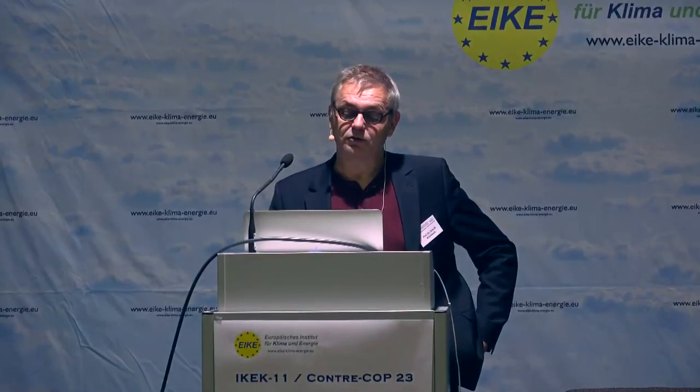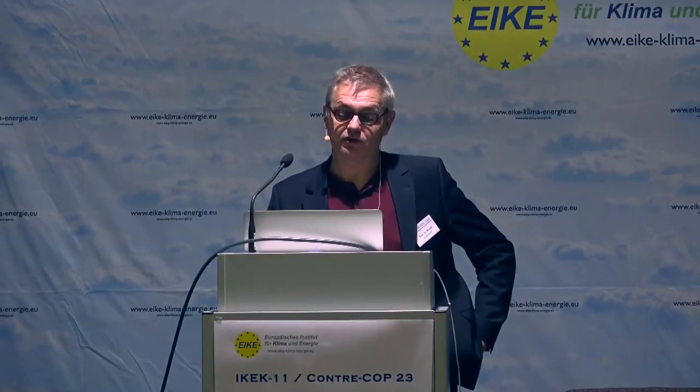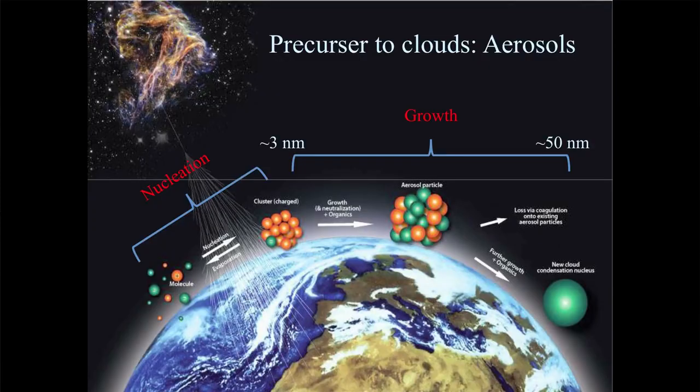And in order to condense on one of these aerosols, it has to have a certain size. So the air is actually filled with these very, very small particles, and you can't see them because they're simply too small.